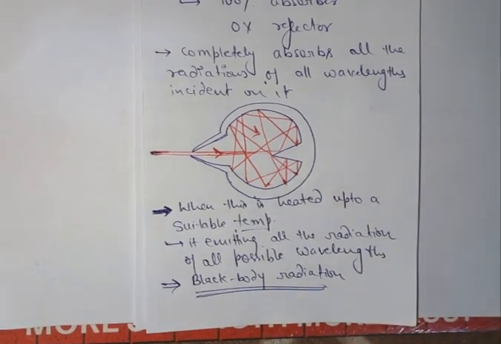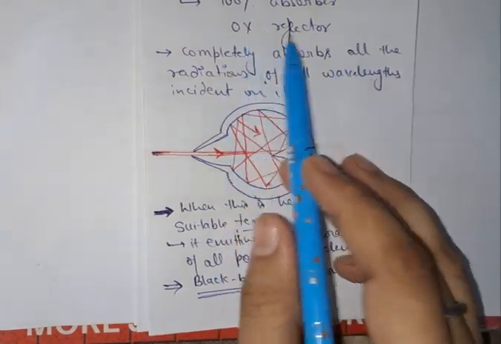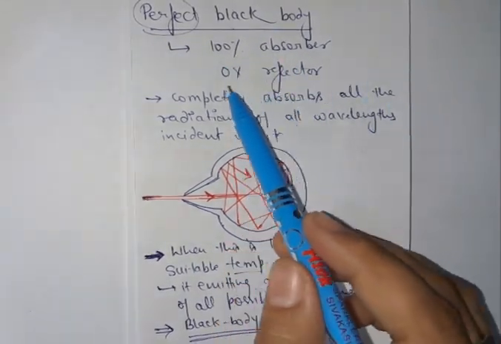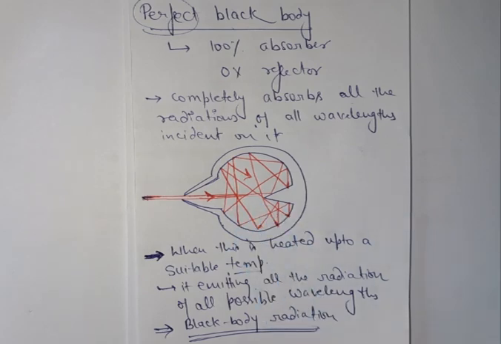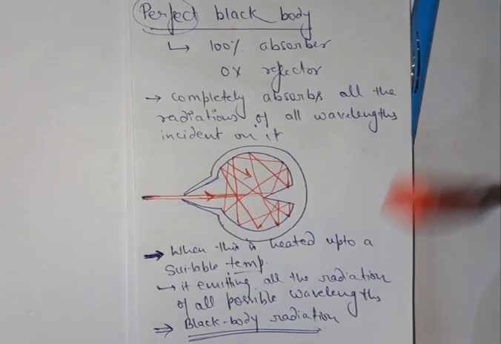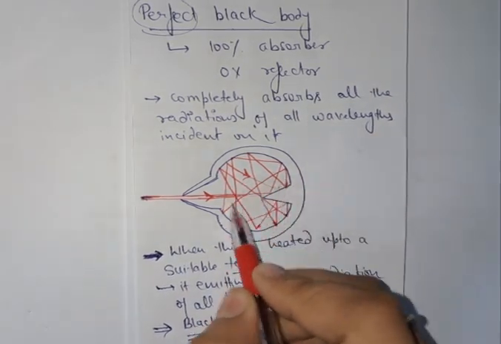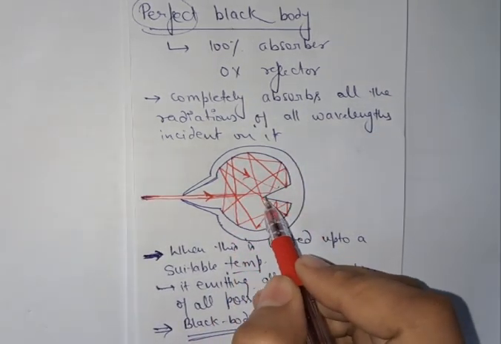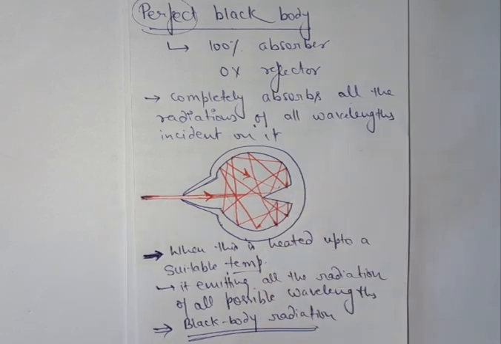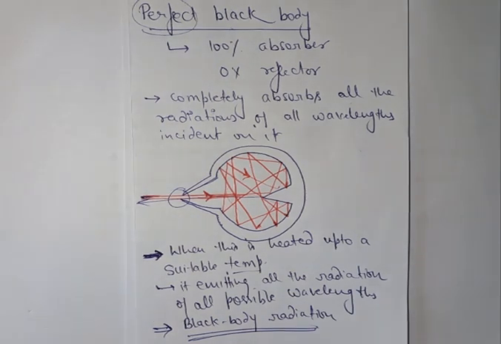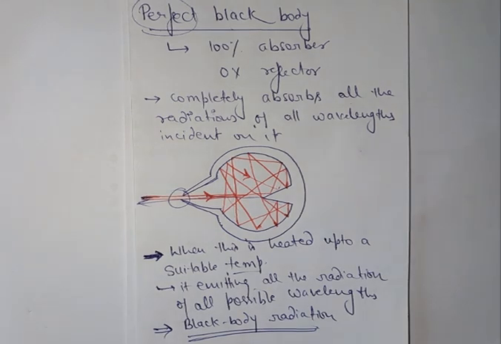Now the question is, as we have discussed that it is a 0% reflector, if it is a 0% reflector, how does the emission come out? Basically, during the reflection, at some instant, some energy may come out of this opening, and this is nothing but the black body radiation.